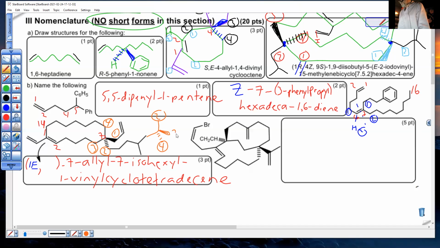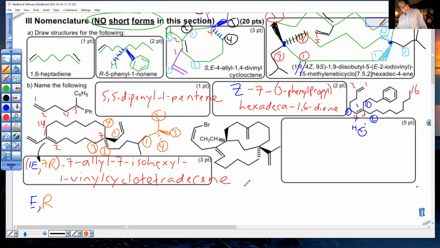You better also switch 3 and 1 or you're going to get the wrong answer. It's R. Stereocenter on 7 is R. I will accept this in front. The only times I won't accept that is when you have 2 stereocenters or 2 double bonds with geometry. You got to tell me which one you're talking about. But here it's just double bond and stereocenter.